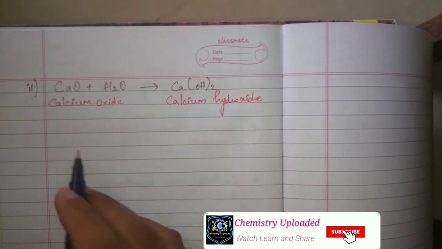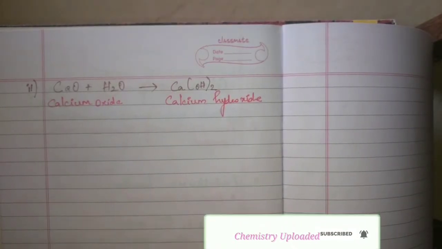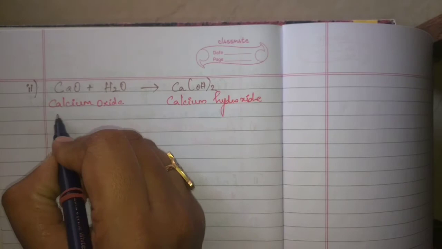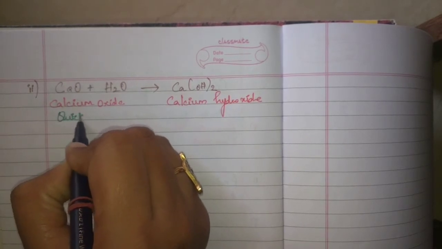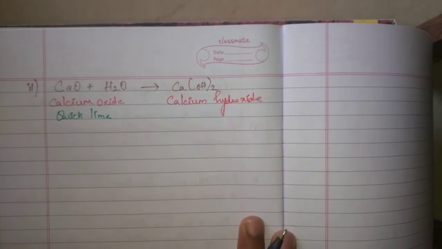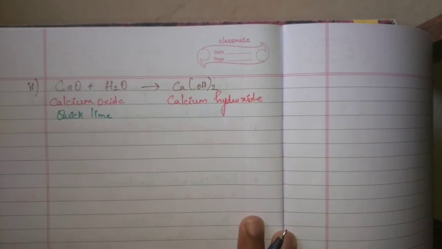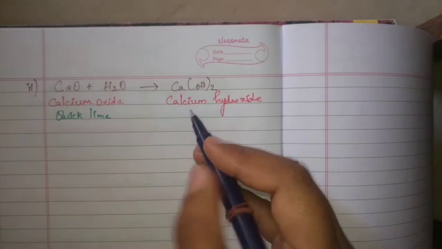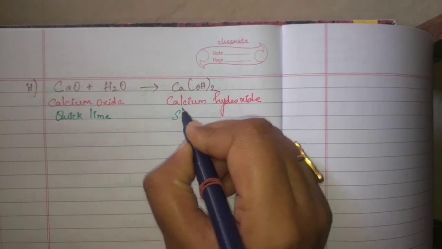Right? Next. What is the other name of calcium oxide? It is quicklime. This calcium oxide is otherwise known as quicklime. You have to remember this name, students, it is important. Mostly this type of special name is given in the questions, not directly calcium oxide. And what is the special name for calcium hydroxide? It is slaked lime.